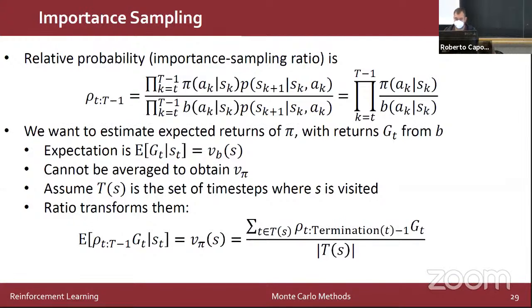So let's say that policy pi would have generated a certain transition with a very small probability, while B would generate that transition with very high probability. This weight is going to be very small, right? Because this is small, this is big, so this is very small.